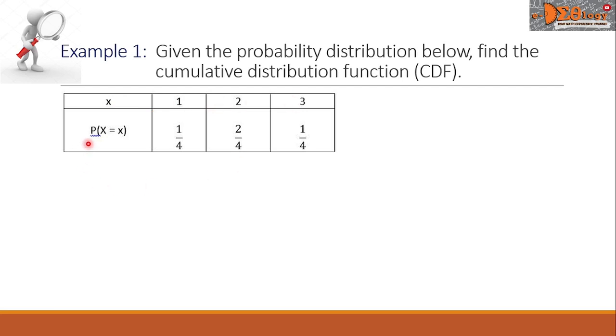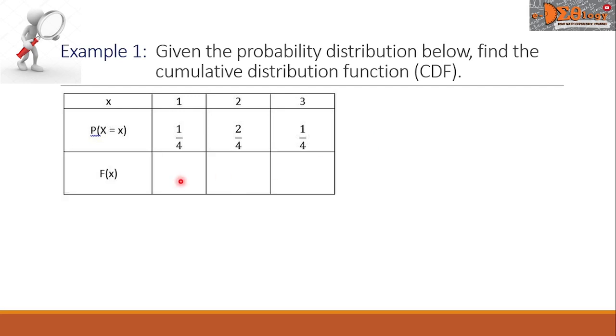And capital P, or probability, for the corresponding values of x are 1/4 when x equals 1, 2/4 when x equals 2, 1/4 when x equals 3. Take note here that the sum of the probabilities equals 1.